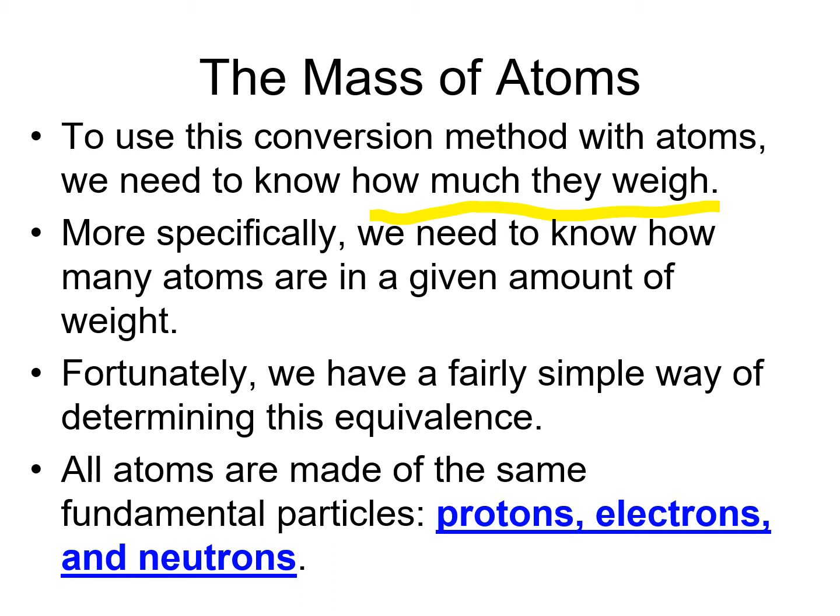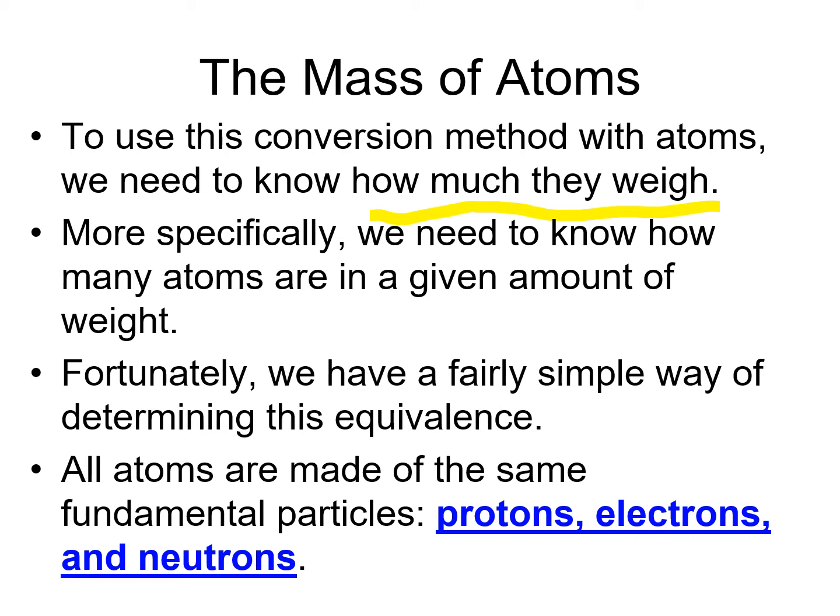Here's what you have to understand. Even though atoms are different from one another, they're made of the same basic parts: protons, electrons, and neutrons. Now, even more interesting than that is the fact that protons and neutrons have almost equivalent masses.